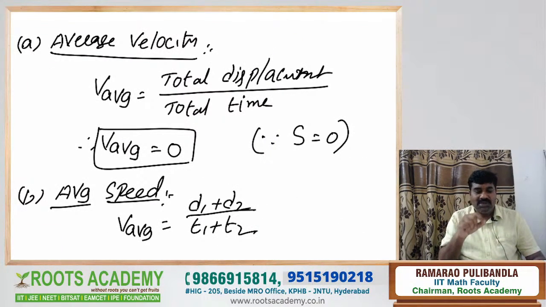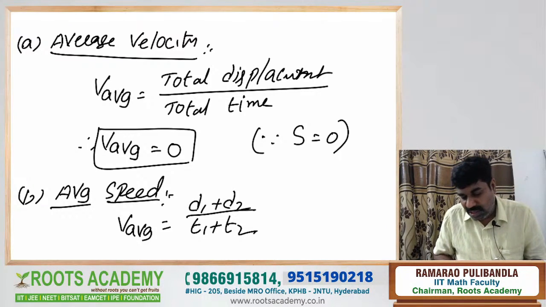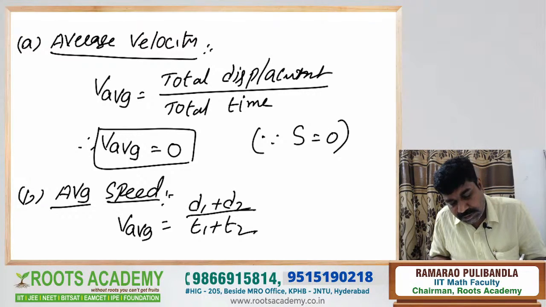Now, what are the time values T1 and T2? Here D1 and D2 are 2.5 kilometers, and speed is equal to distance by time, which implies time is equal to distance by velocity.